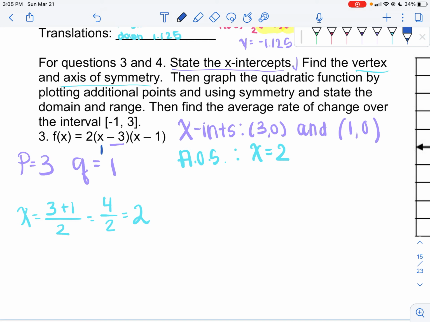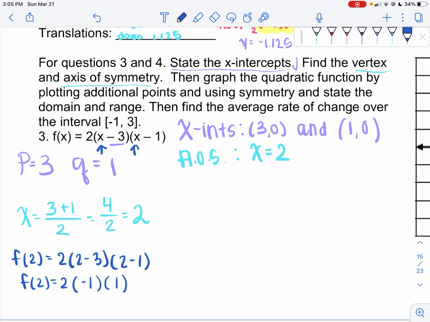All right, now everywhere that we see an x, we're going to put in 2 to solve for the y. So f of 2 equals 2 times (2 minus 3) times (2 minus 1). So doing inside the parentheses first, 2 minus 3, we get negative 1. 2 minus 1, we get positive 1, and we still have that 2 out in front there.